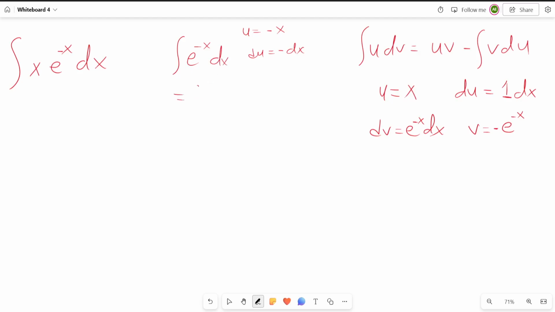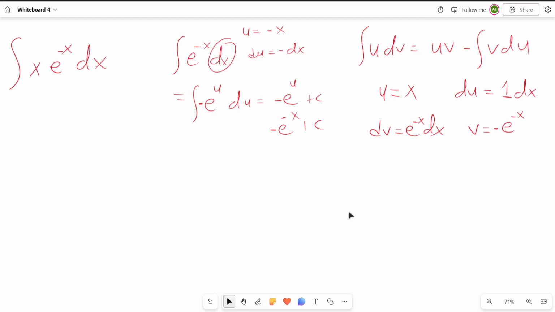So this is going to equal integration of e power u du. So dx, I can change this dx with negative du. So there will be a negative over here, which is going to give me, after integration, negative e to the power of u plus c, which is negative e to the power of negative x plus c.